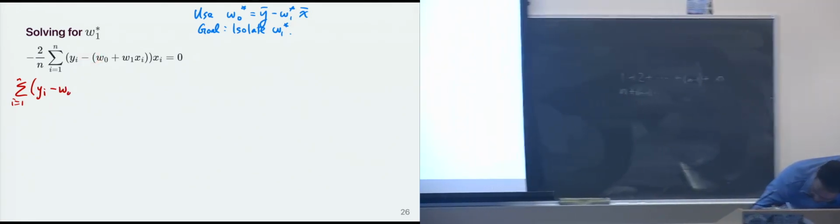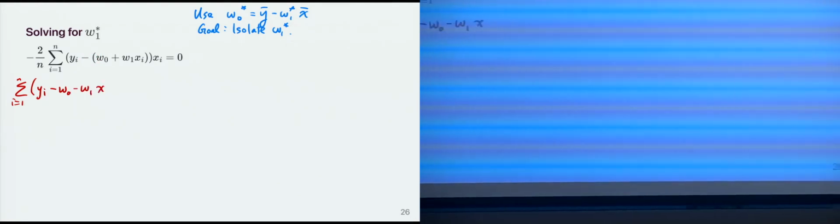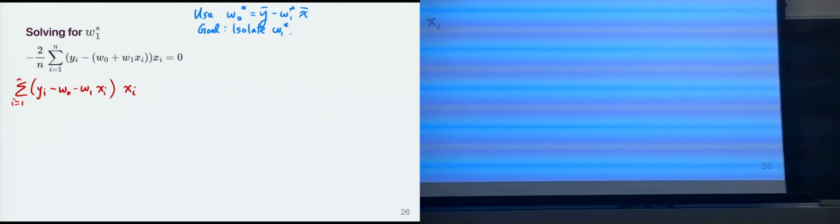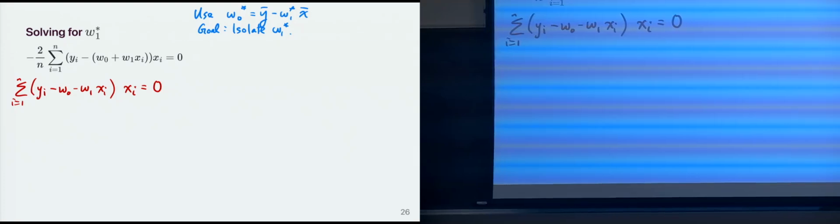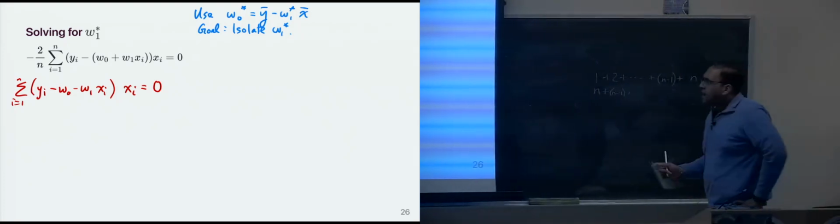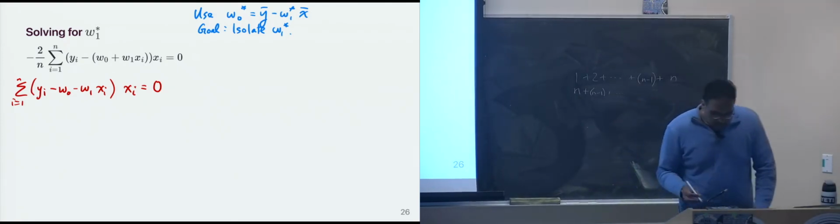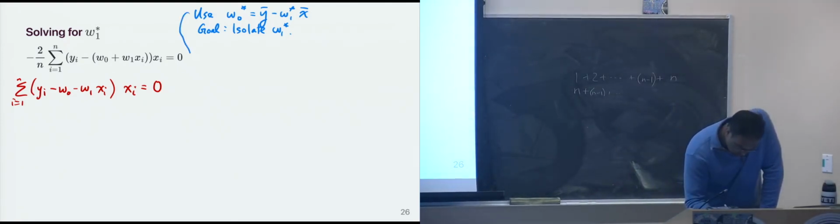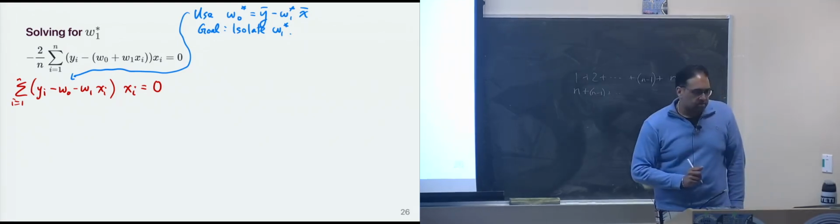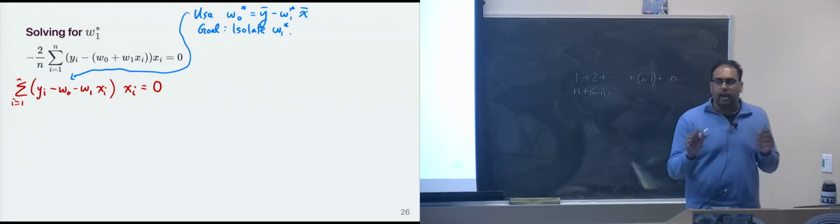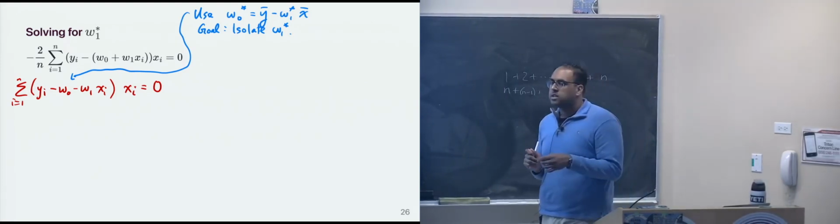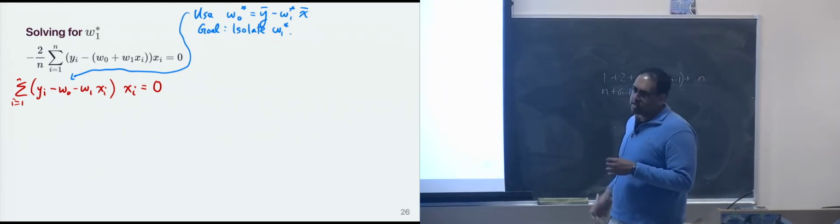So we get minus W naught minus W1 xi times xi, and that's 0. Now is the point at which I'm going to use the formula for W naught star that I found earlier. I'm going to put that in here. And you'll see I'm going to rearrange things cleverly to make the formula turn out nicer.